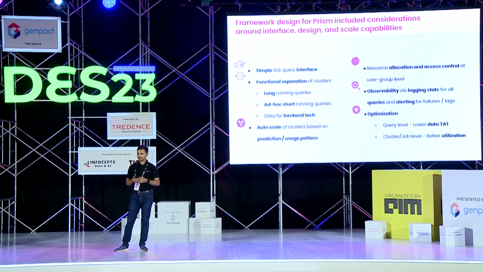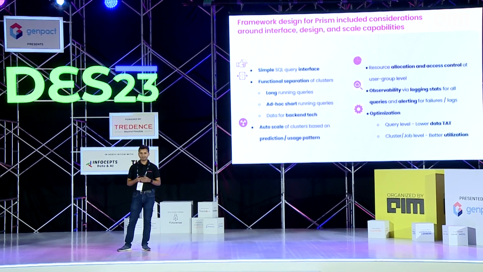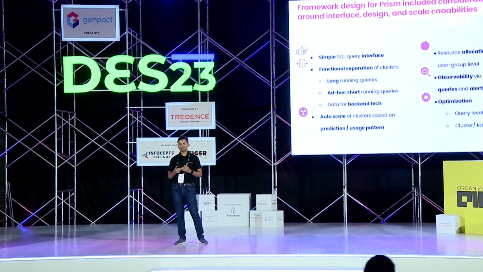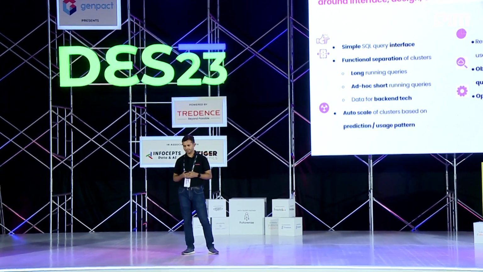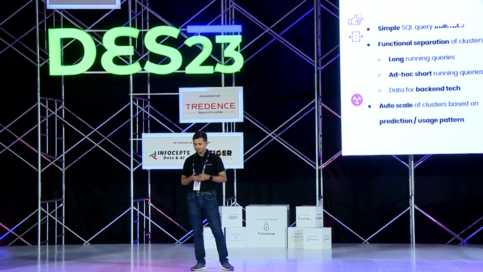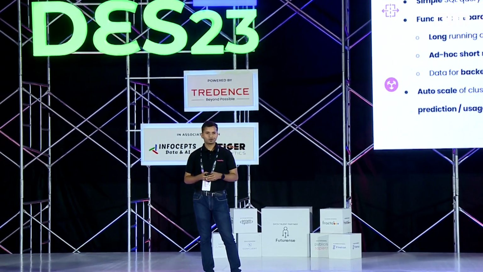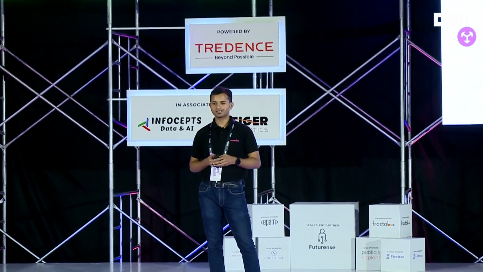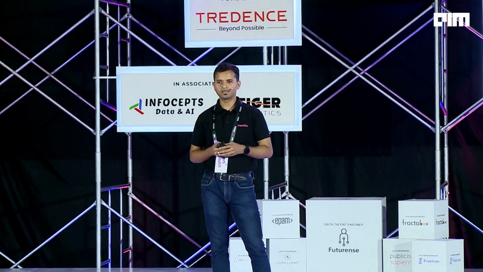The same Prism framework was able to input the different ETL configurations as well, and also the different data models or the ELT jobs. This led to better cost utilization, better cluster utilization, and better user experience for the different analysts and the different backend teams that interacted with us.